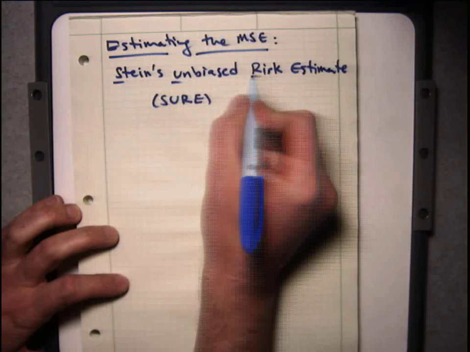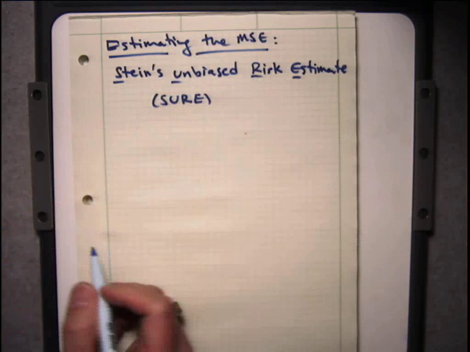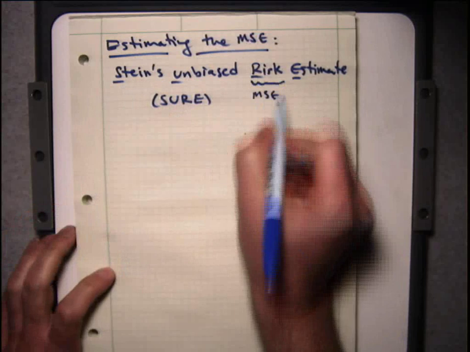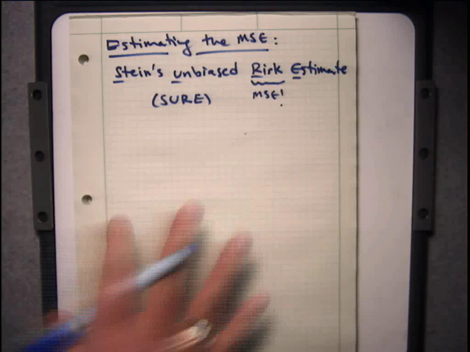When we say risk, what we mean is mean squared error in this context. In order to do that, we need to first prove a couple of simpler results in order to get the final picture.